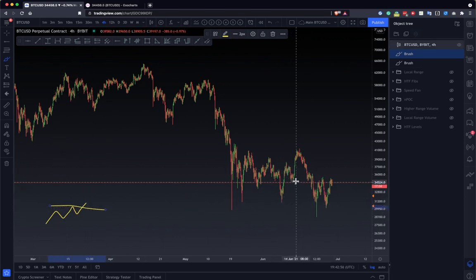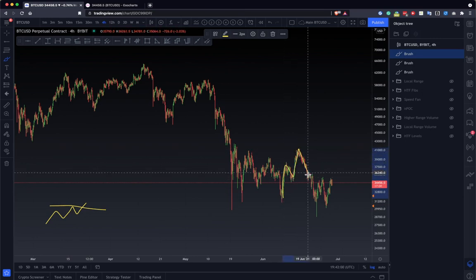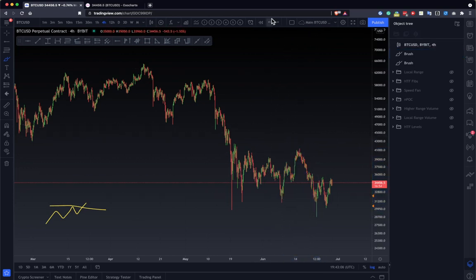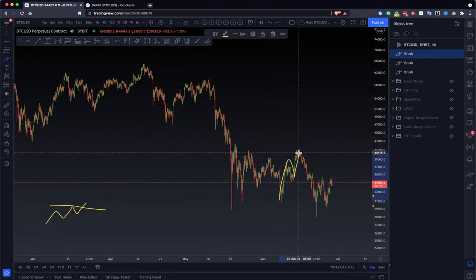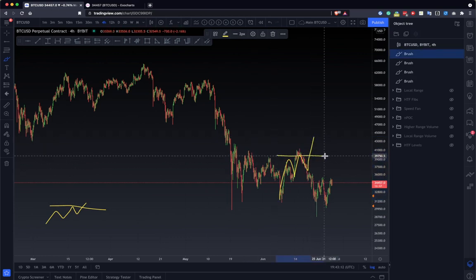So you see that we had this, but then boom, right? But if it was like that, then you obviously change your market structure around here. So the short is a bit more risky.